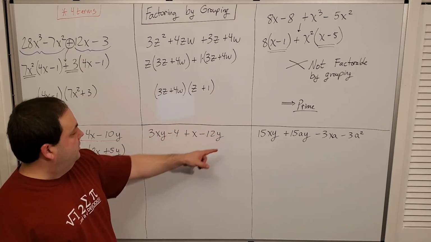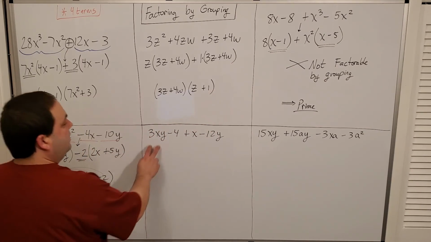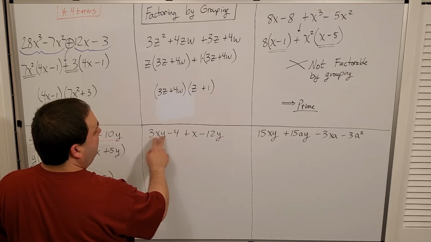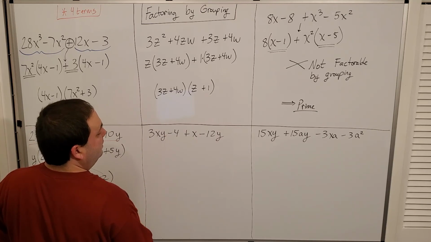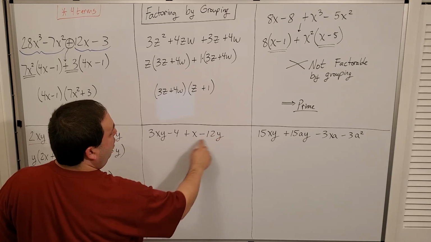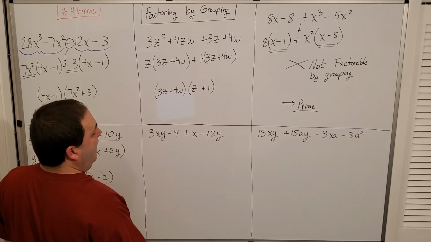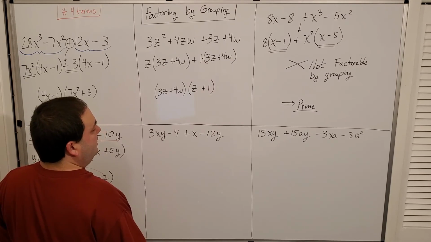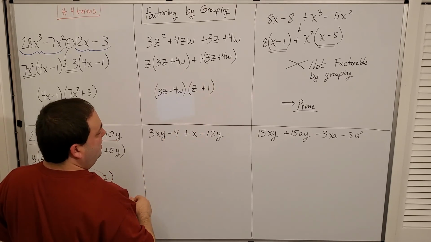Okay, let's do this one. 3xy minus 4. They have nothing in common. And x minus 12y. Those also have nothing in common. Well, that doesn't mean automatically that my grouping is going to fail.